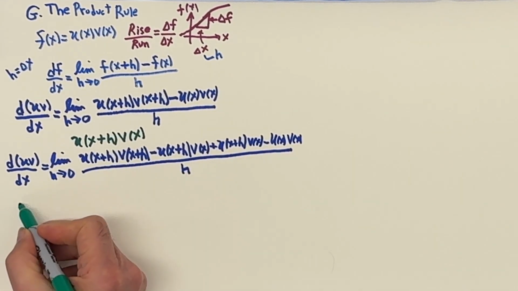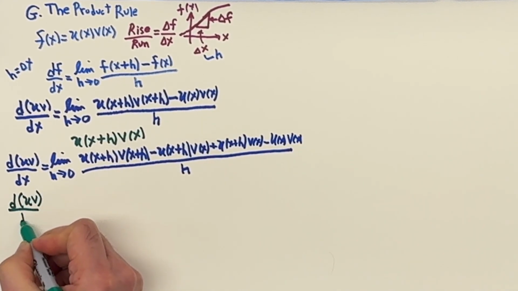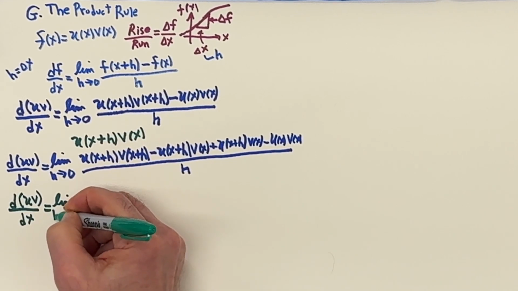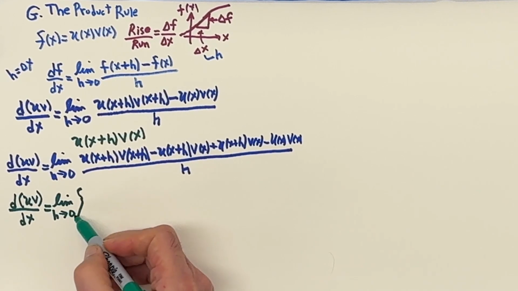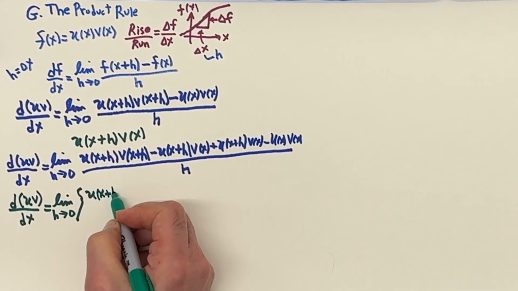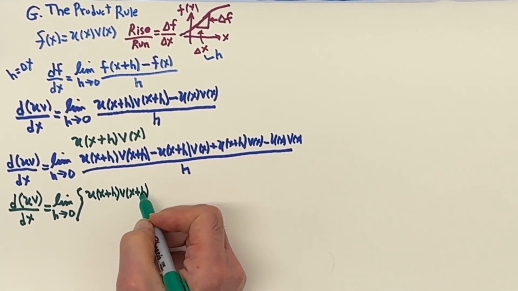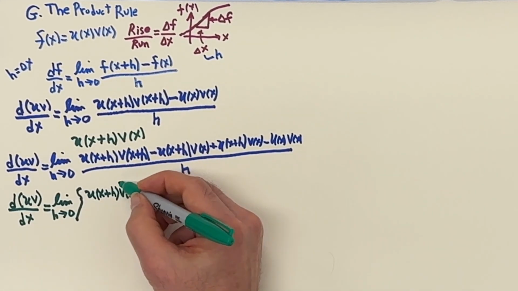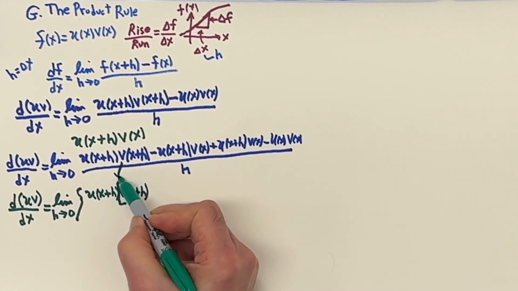So now we're going to rewrite it slightly differently. The derivative of the product uv with respect to x is equal to the limit as h goes to 0. And here we'll put brackets out here. And the first one here is u of x plus h times v of x plus h. And we're going to put another bracket here. And this term is this one.